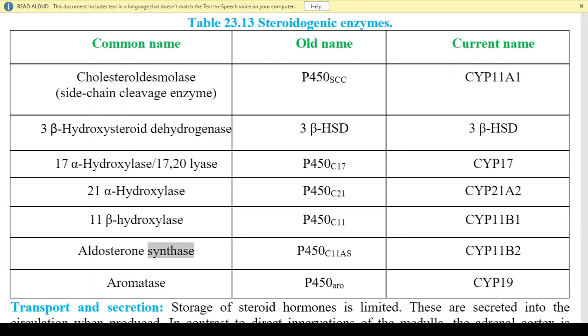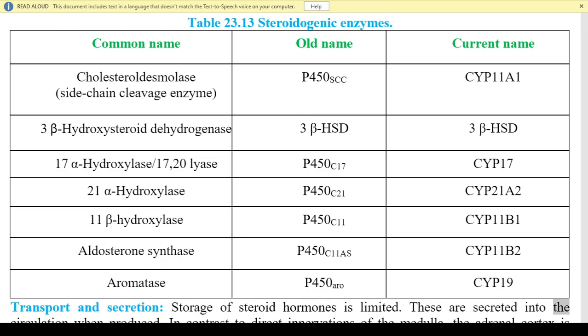Aldosterone synthase, P450C11as, CYP11B2. Aromatase, P450arom, CYP19.